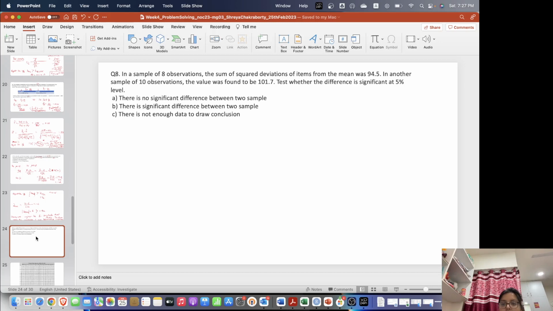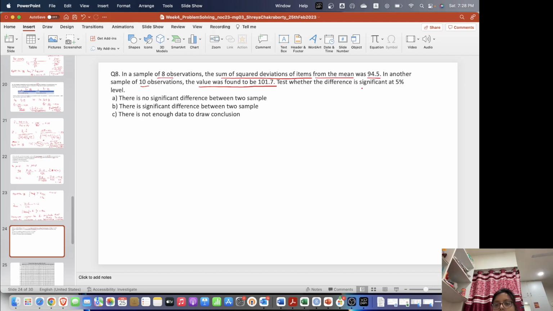So here they are saying, in a sample of 8 observations, the sum of squared deviations of items from the mean was 94.5. In another sample of 10 observations, the value was found to be 101.7.